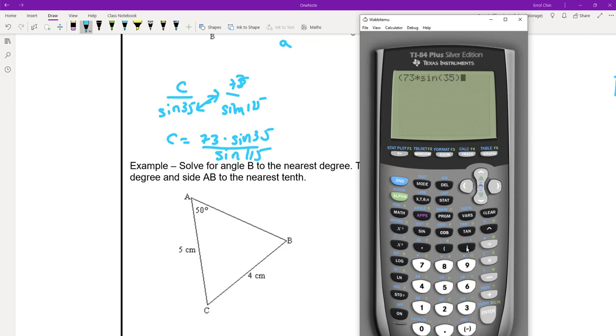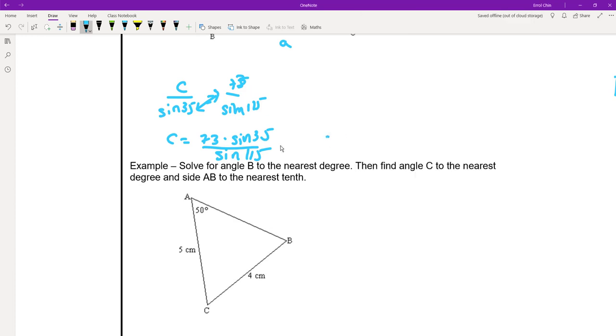Now my calculator happens to have a bracket for the angle, so I'm going to close the bracket, divided by sine 115, close the bracket, equals a length of 46, one decimal is fine, 46.2 meters. Don't forget your units.